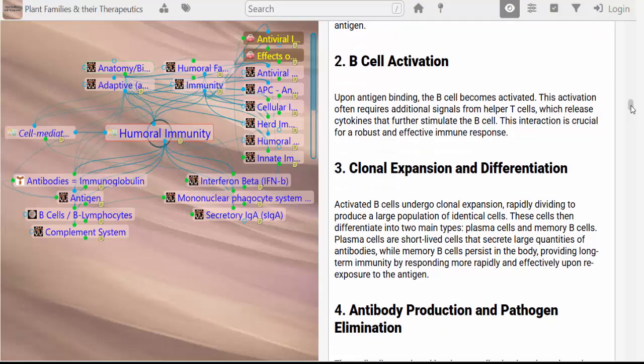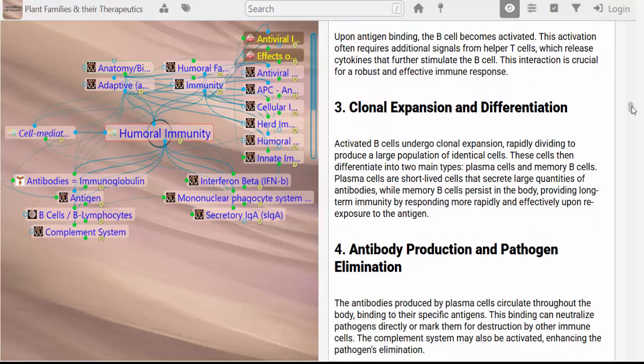Then we get clonal expansion and differentiation, where the activated B cells undergo clonal expansion. That's where they're going to rapidly divide to produce a large population of identical cells. And then those cells are going to divide again into two main types, the plasma cells and the memory B cells.